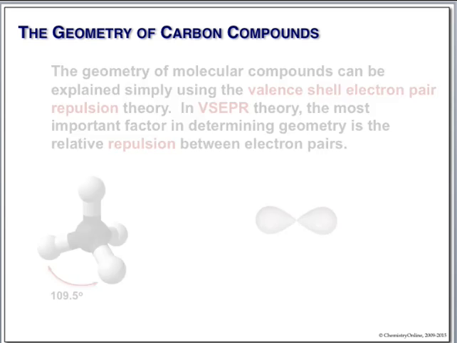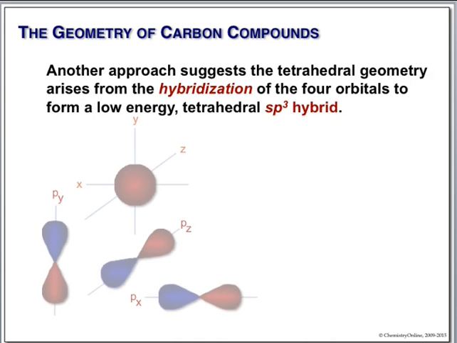Another approach is called hybridization, and that's simply a quantum mechanical tool where you make the same sort of argument. You take the geometry of the s and the geometry of the p's, and you say, we're going to combine these into the lowest energy possible.